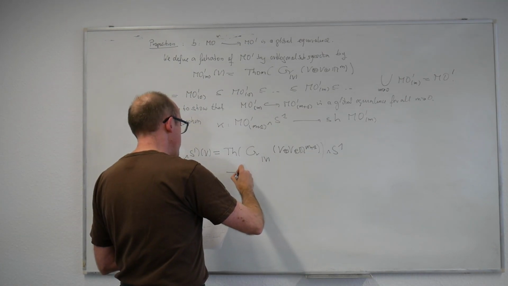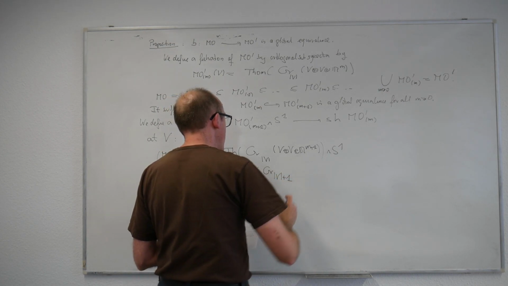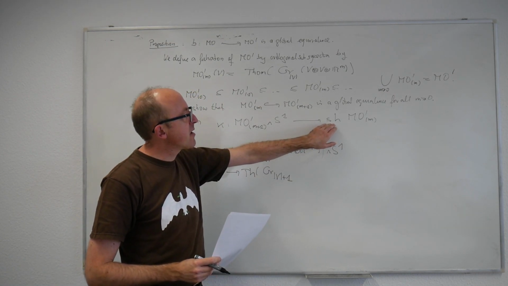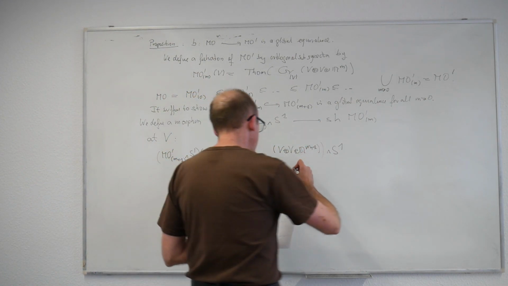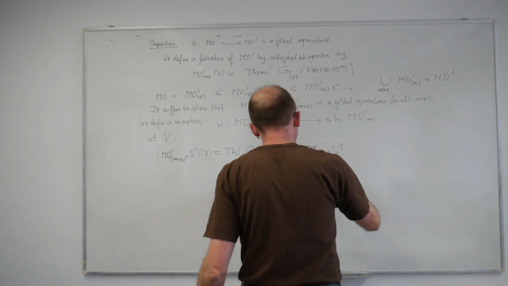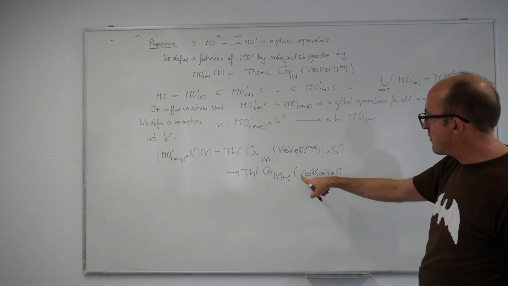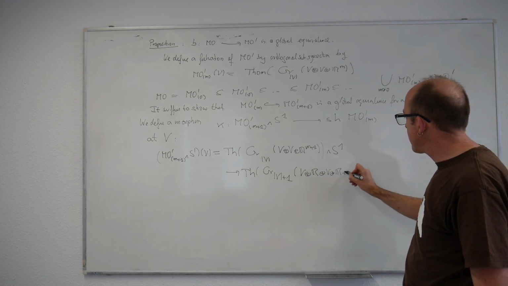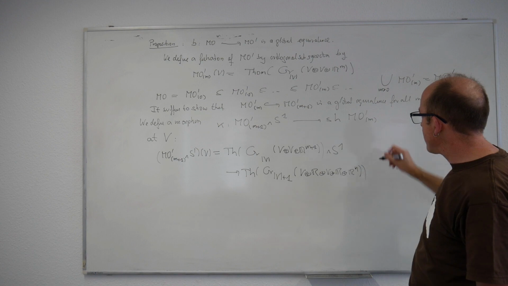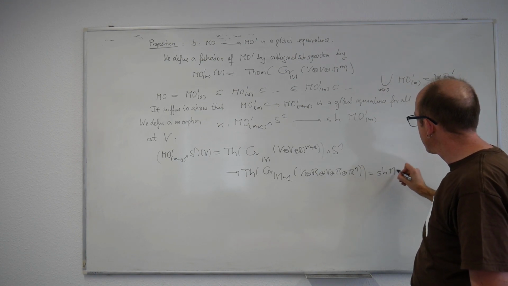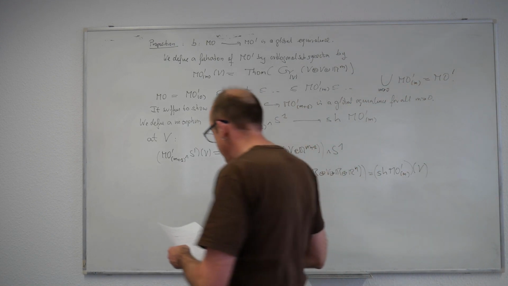And it goes to the Thom space of the Grassmannian of V plus 1 dimensional subspaces of V plus R plus V plus R, because shifting means we first have to put an R inside and then the dimension has gone one up, and then there's another plus R to the M that comes from this M here. So this is the shift of MO prime M evaluated at V.